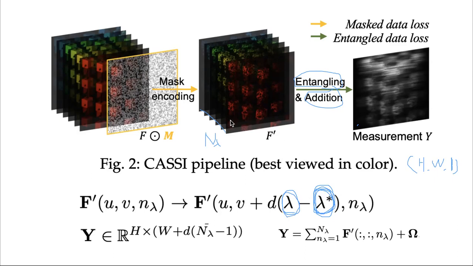For some specific location in the y direction, I know it's more intuitive to say xy, but here let's say this is the y direction. Here is lambda, and here is lambda star.